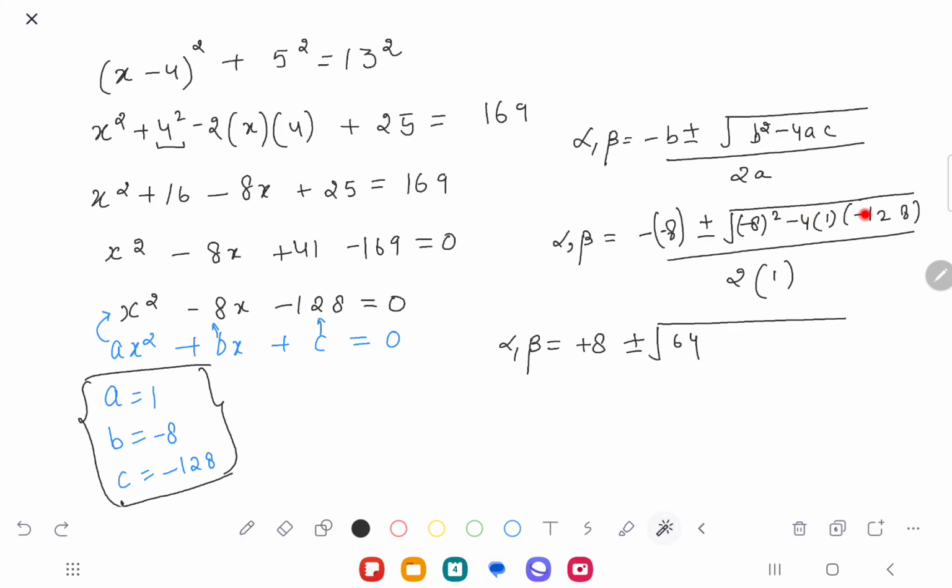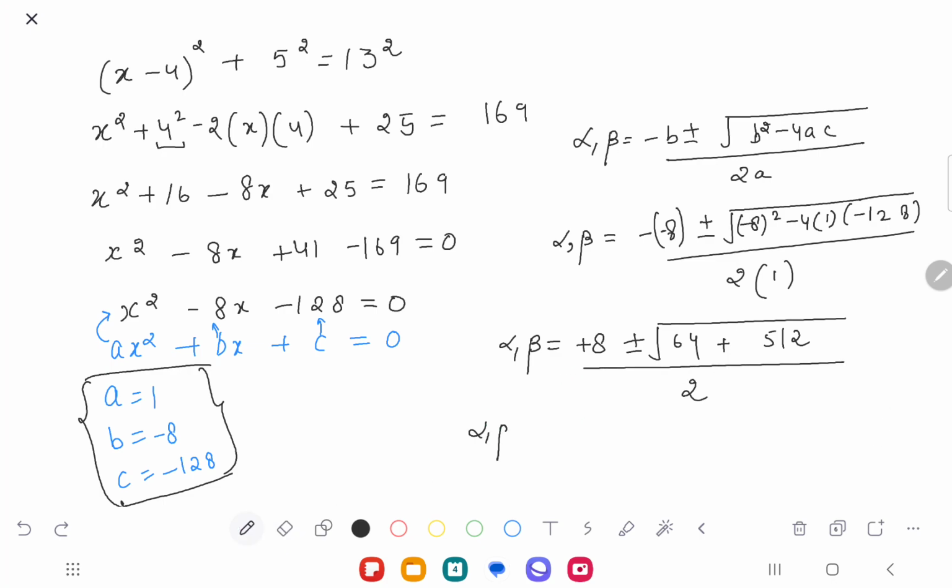4 times minus becomes plus, and 4 times 1 times 128 becomes 512. So that becomes 512 over 2.